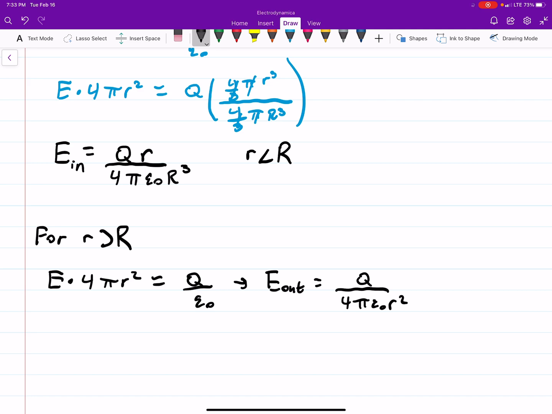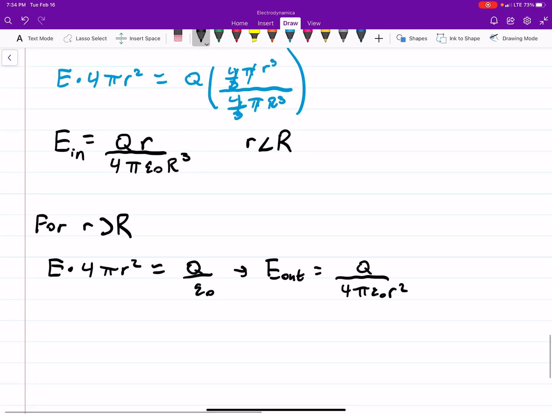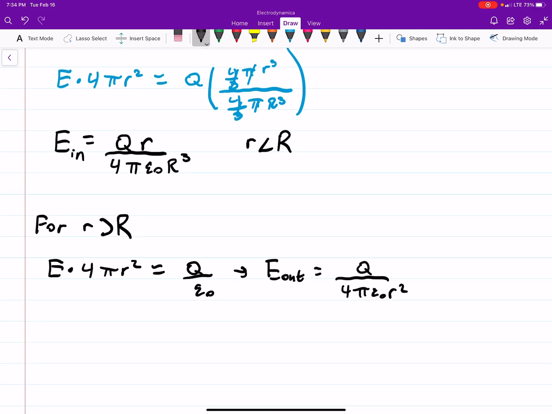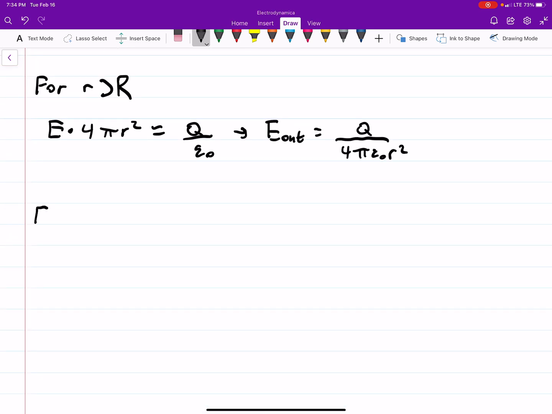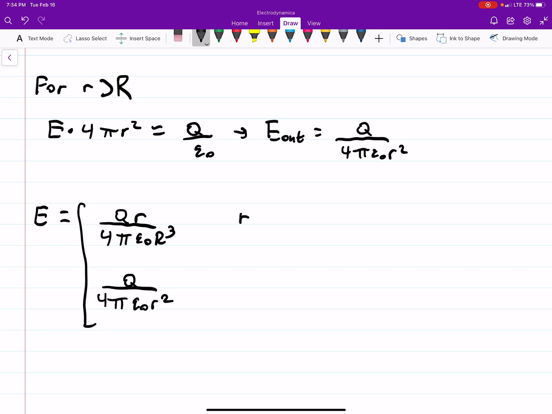It looks like a point charge out there, the E field from a point charge. Okay, so our E field is equal to Q r over 4 pi epsilon naught big R cubed and Q over 4 pi epsilon naught little r squared. The first is for r less than or equal to big R, and the second is for r greater than big R.